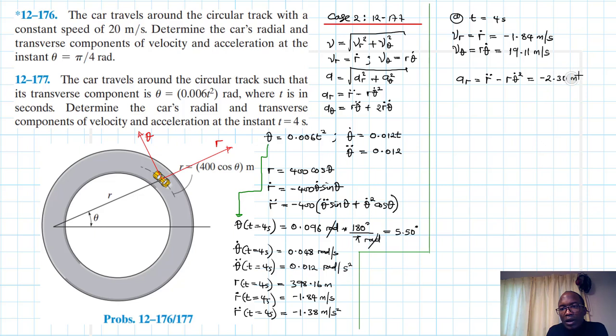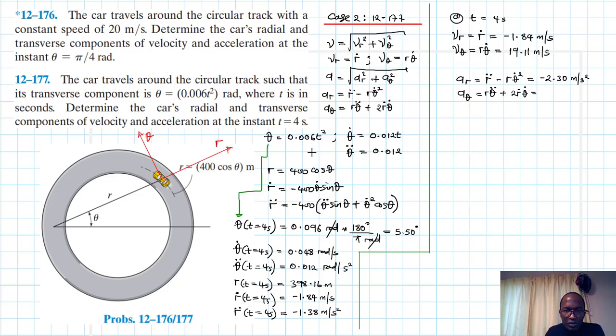And a theta, all right, which is equal to r theta double dot plus 2 r dot theta dot.